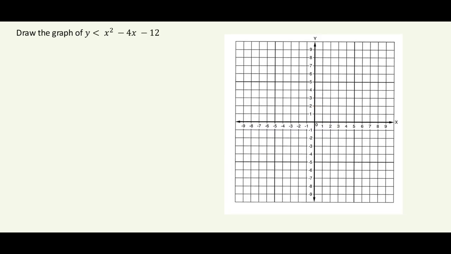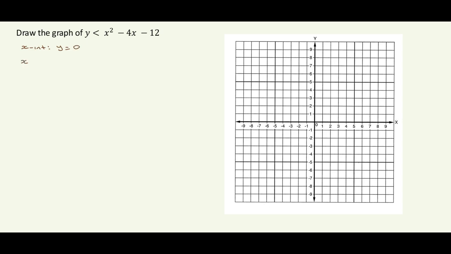Now we're going to try the same for a quadratic inequality. So we're going to try y is less than x squared minus 4x minus 12. So we have two things to worry about. We have the x-intercept, y equal to 0.